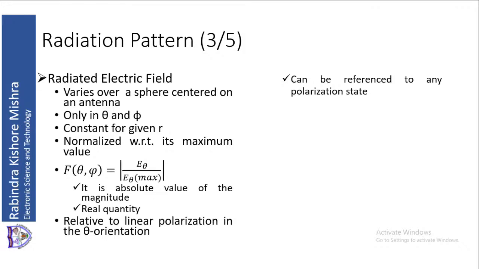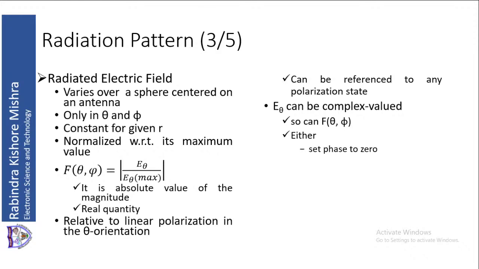Instead of linear polarization, we can take any other polarization state, because any other polarization state can be considered as a combination of properly phased linear polarizations. E theta itself can be complex, so F theta phi can be complex unless we take the absolute value.